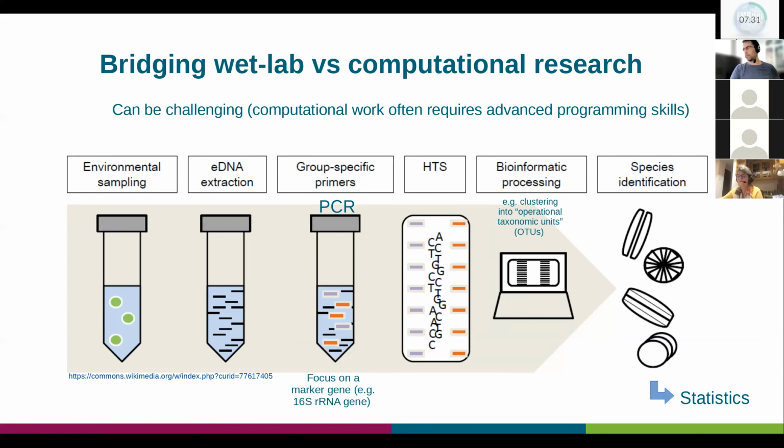And at that point, you have these usually quite large sequencing datasets that you then push through some bioinformatics pipeline. So the tools in Chipster target this bioinformatics pipeline side of things and species identification. And we also have some options there for statistics.